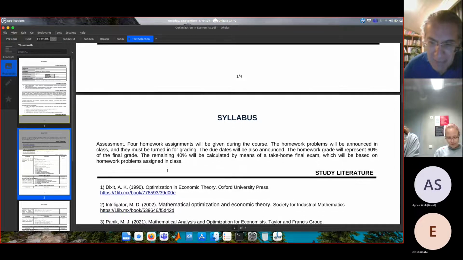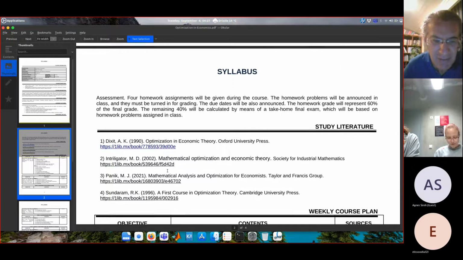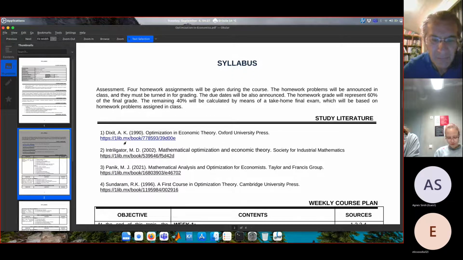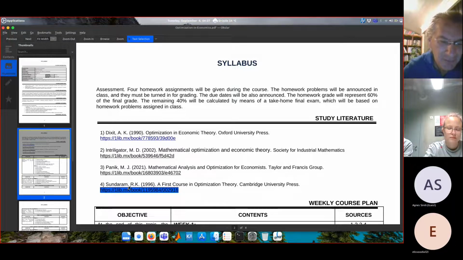Okay, so about the study literature. I'm proposing all of these books, which you can download freely. But as I said before, the textbook for this course will be this book, which you can download already.